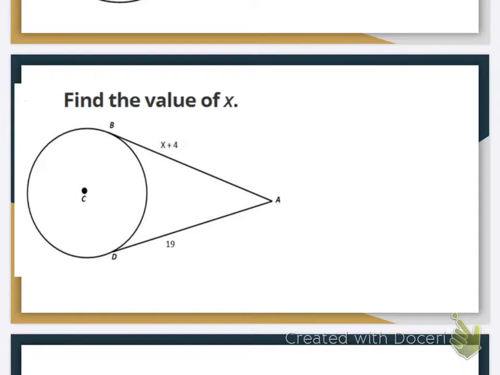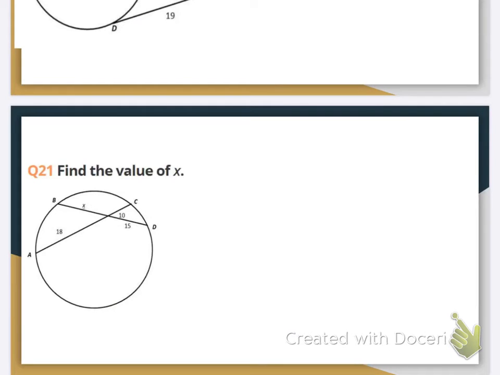Here we have two tangent lines that meet at an exterior point. We know that they're going to be congruent. So we have x plus 4 equals 19. Subtract over 4. X equals 15. And then this is the last part where you have two chords that are being intersected. That means the segments of the chords multiplied together equals the segments of the other chords.